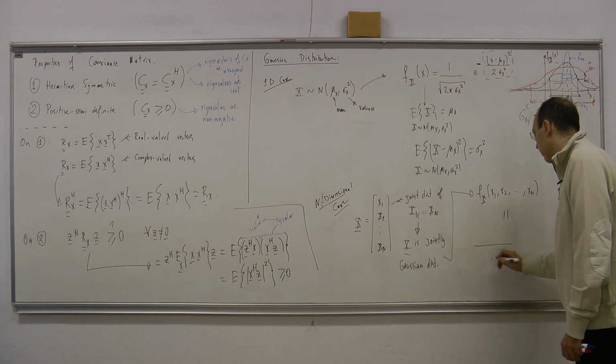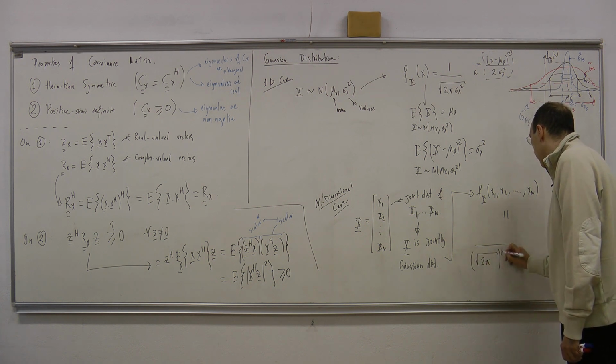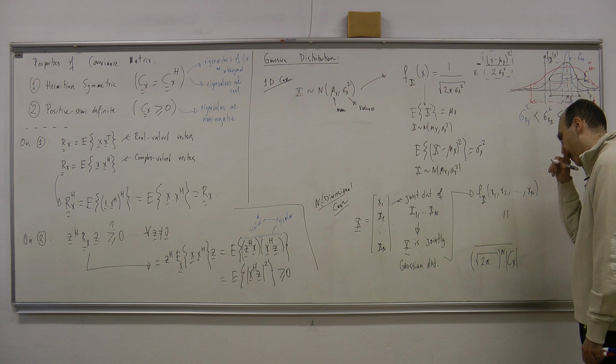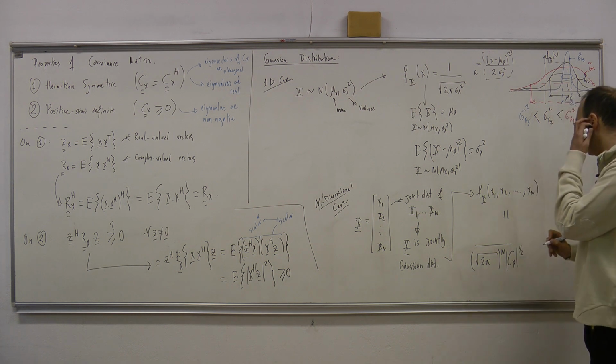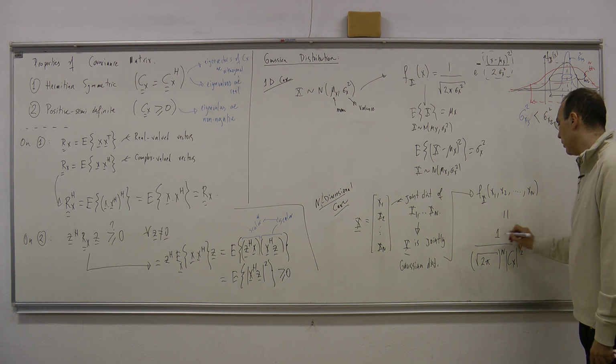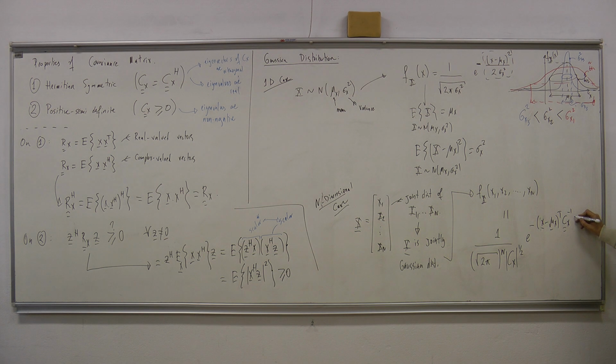This is equal to 1 over (2 pi to the power n, then the determinant of C_x), to the power one half, times e to the minus, x minus mu x transpose, C_x inverse, x minus mu x.